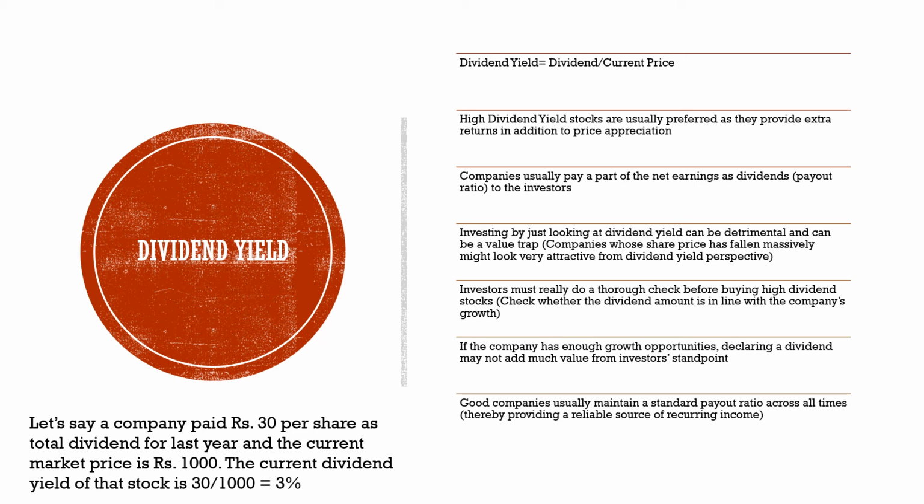If a company's price has fallen massively because of news that the company might post losses, or because of a problem with the management, then the dividend yield would look very attractive, because price is in the denominator, so if your denominator decreases, your entire ratio will increase.